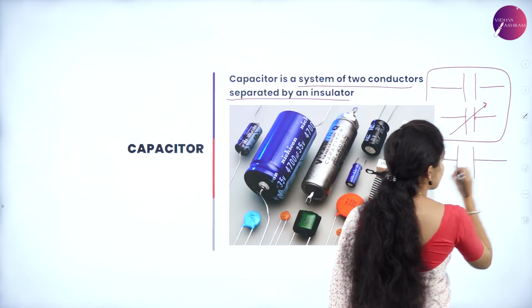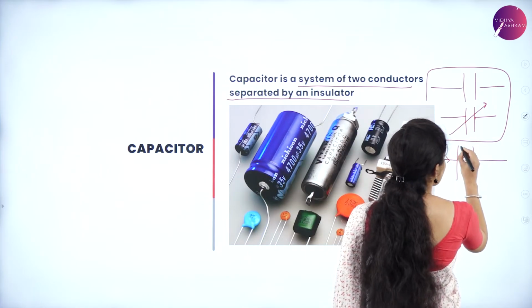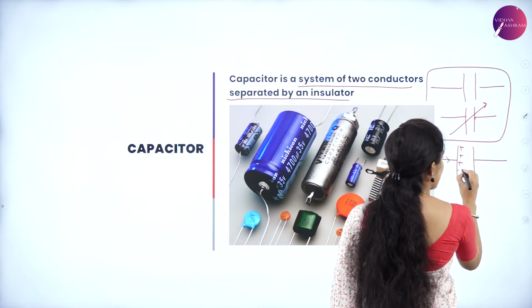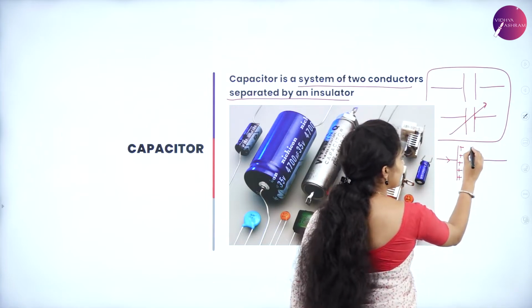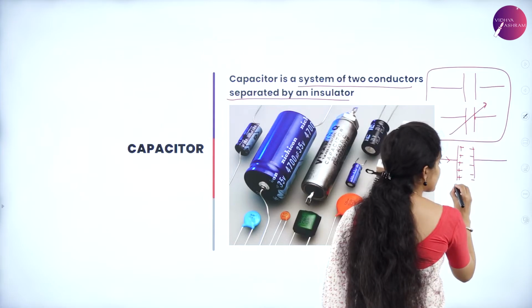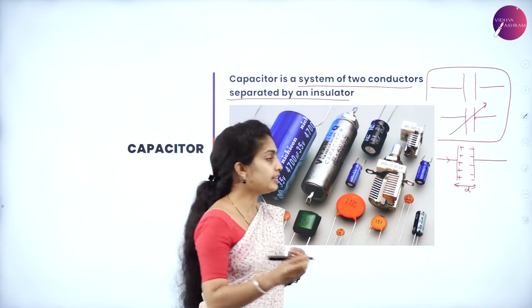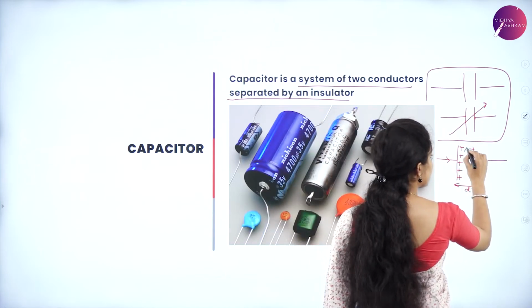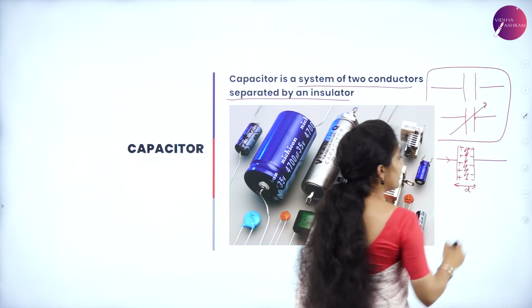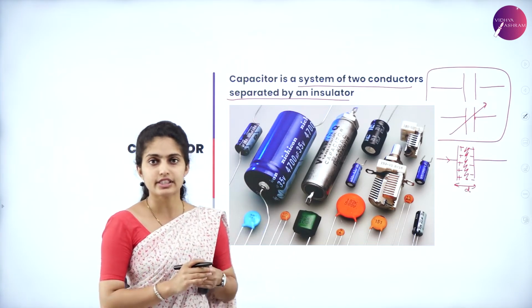So here we have a capacitor and the charges are flowing. There are positive charges on one conducting plate and negative charges on the other conducting plate, separated by a certain distance, call it D, and the inside part is filled with a dielectric medium, also called an insulating medium.